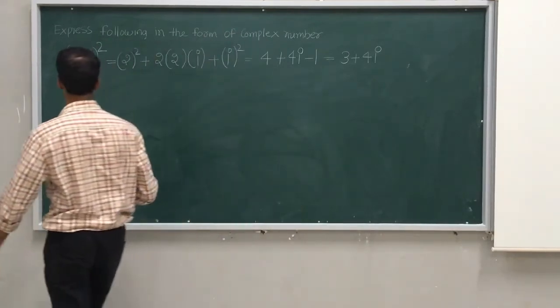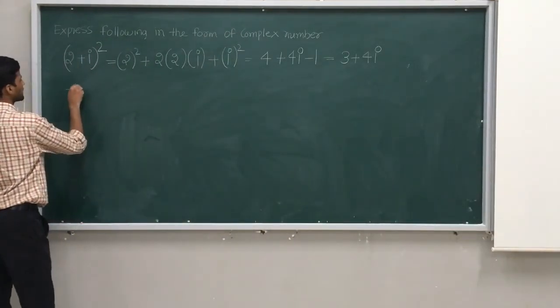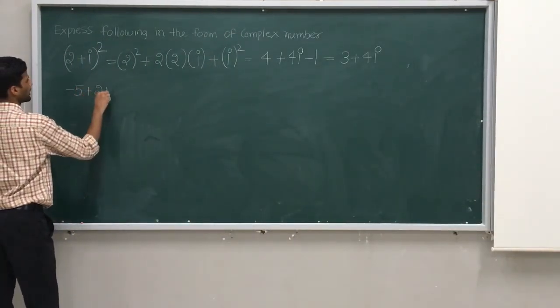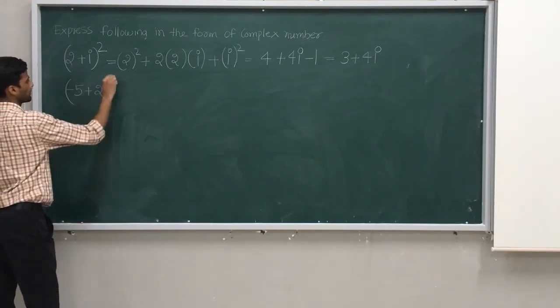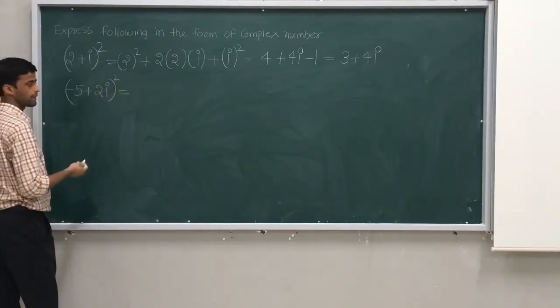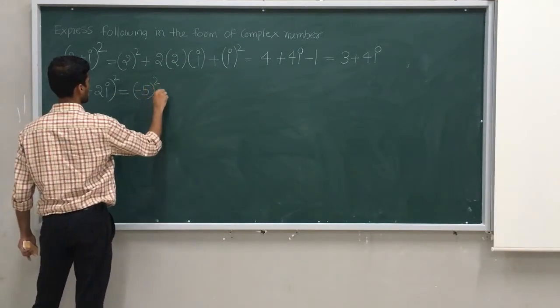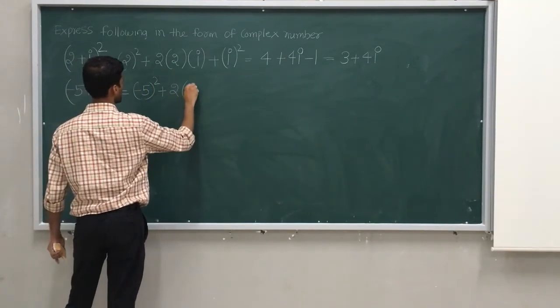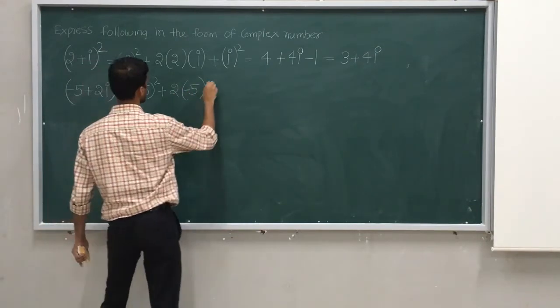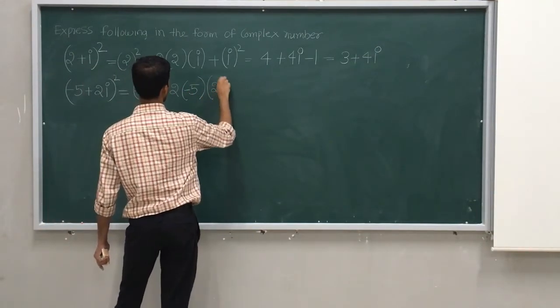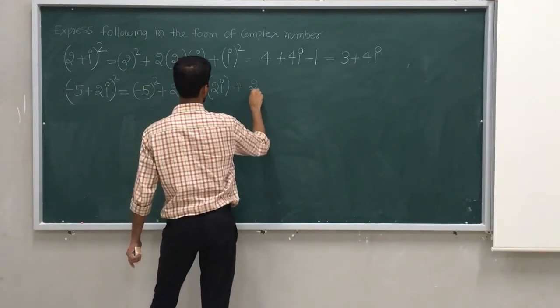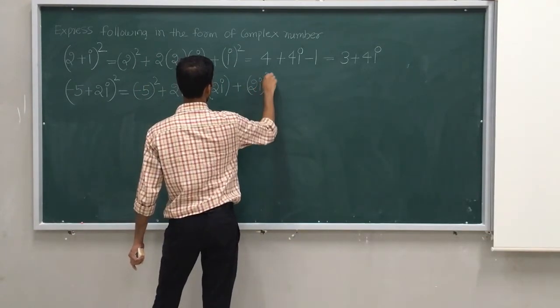Similarly, another question we have given, minus 5 plus 2i the whole square. Again, what you will do here is a plus b the whole square: a square plus 2 into a into b, we take b as 2i, plus b square, that is 2i the whole square.